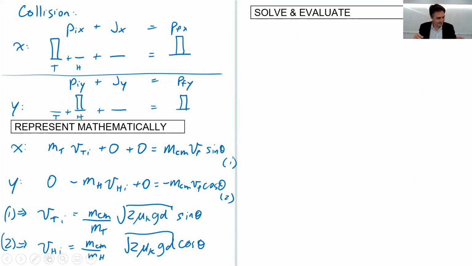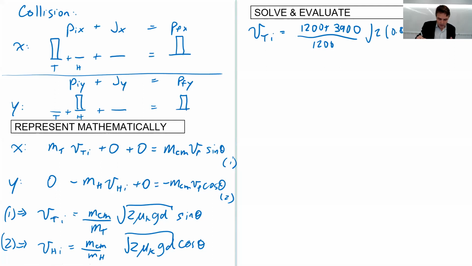We're almost done with this. So now we just plug in the numbers. v Toyota initial is equal to 1200 plus 3900, that's the combined mass, divided by 1200, times the square root of 2 times 0.8 times 9.8 meters per second squared times 10 meters, times sine of 32. This is what you measured, and you were able to tell that before the collision, the Toyota must have been going 28.2 meters per second.